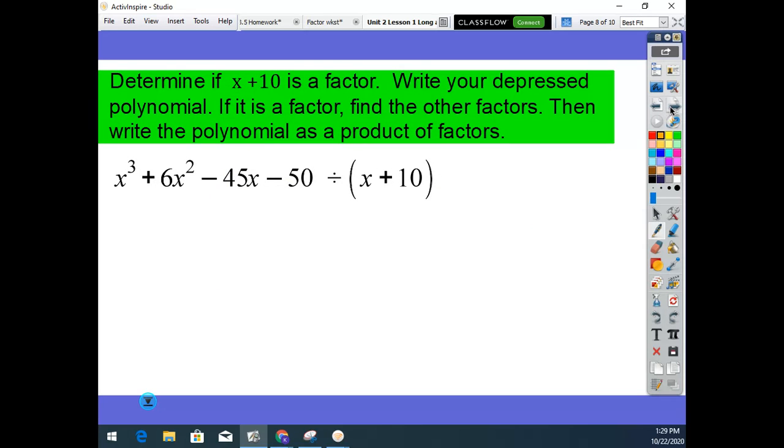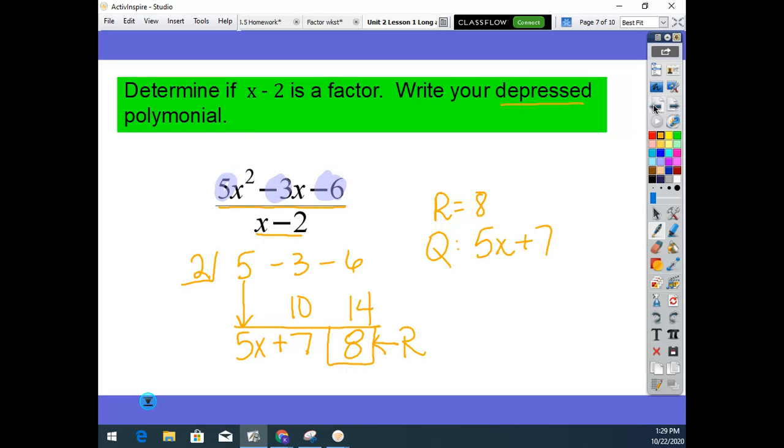Determine if x plus 10 is a factor. Oh, so back here, I forgot about that. Is x minus 2 a factor if there's a remainder? Not a factor. Very important. The only way it's a factor is if there's a remainder of 0.